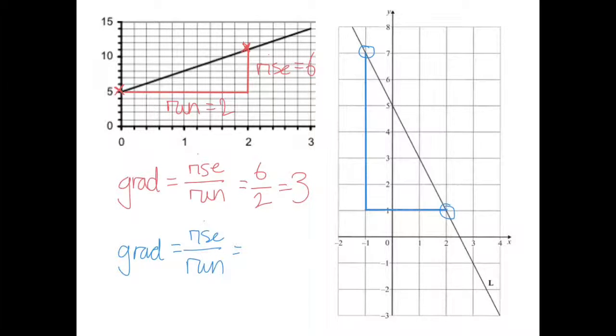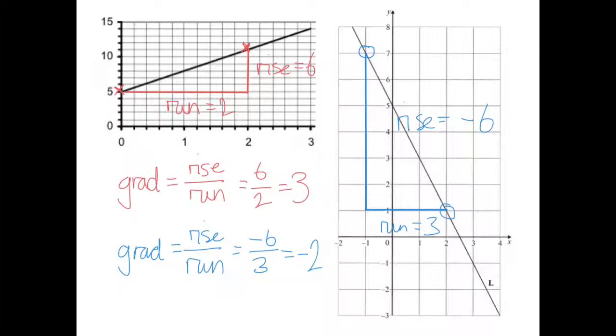So in this case the rise is -6 because it goes down by 6, and the run is 3, it goes across by 3. And so overall the gradient is rise over run, which is -6 divided by 3, which is -2. And again, that makes sense because we expected a negative gradient because it's going down from left to right.